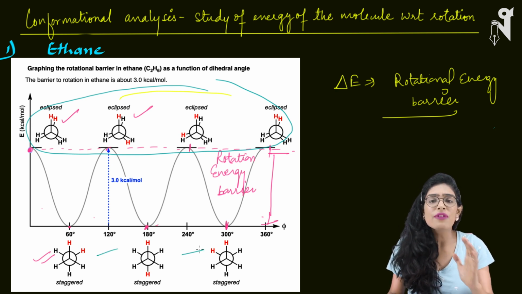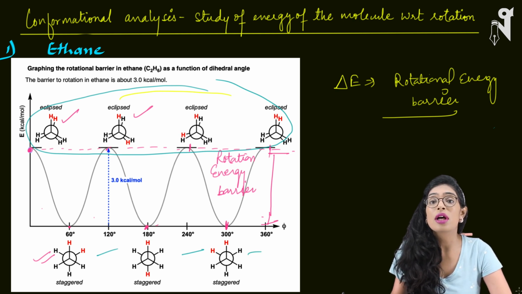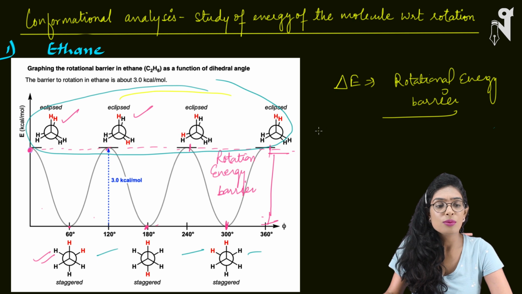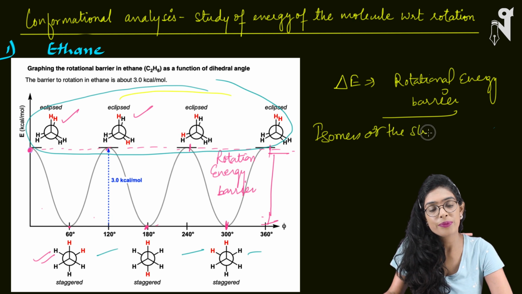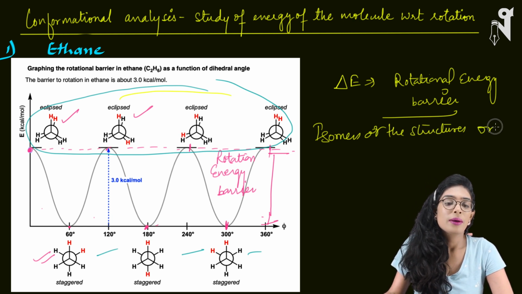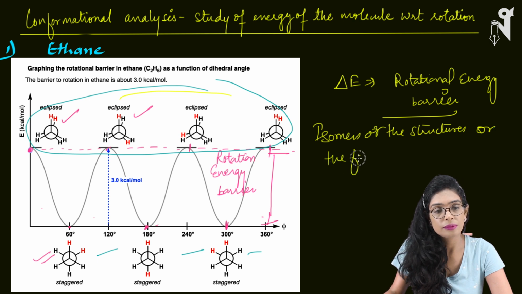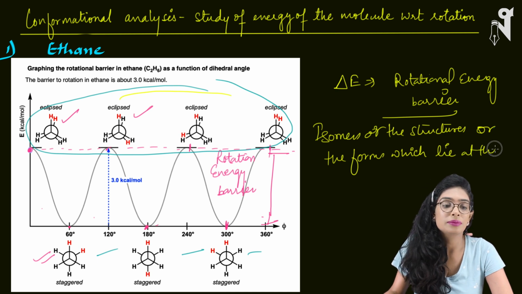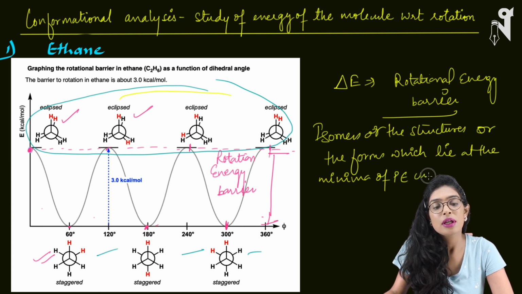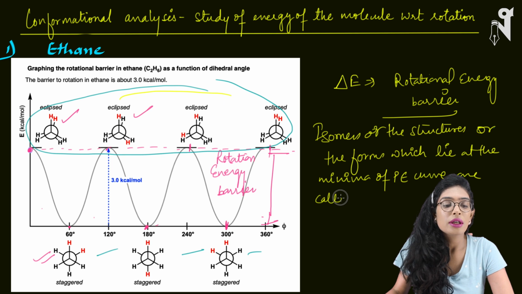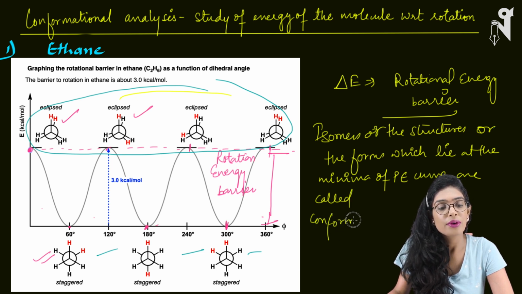And in actual definition terms, when you talk about conformations or conformational isomers, the isomers or the structures or the forms which lie at the minima of the potential energy curve are called conformers or conformational isomers.